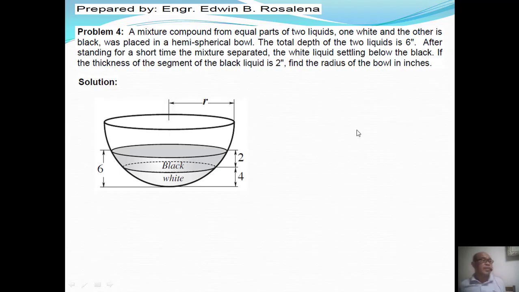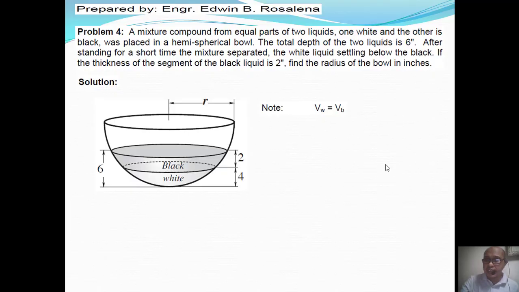Okay, so how will we form our equation? Take note that the volume of the white liquid is equal to the volume of the black liquid. If they are of equal volume, the total volume is twice of either the white or the black liquid, because they are equal parts of the two liquids.